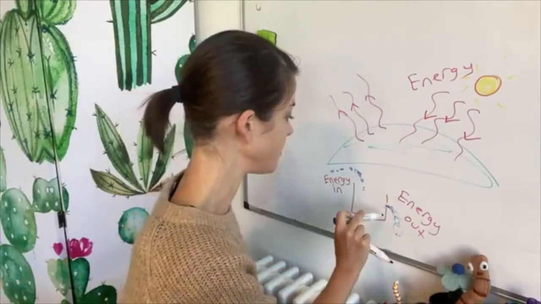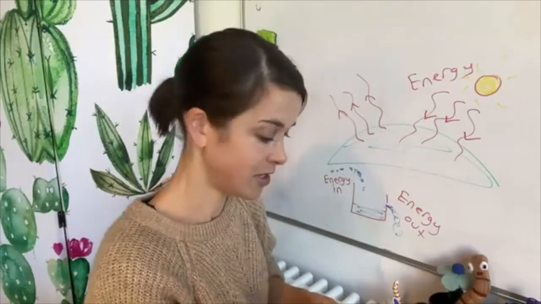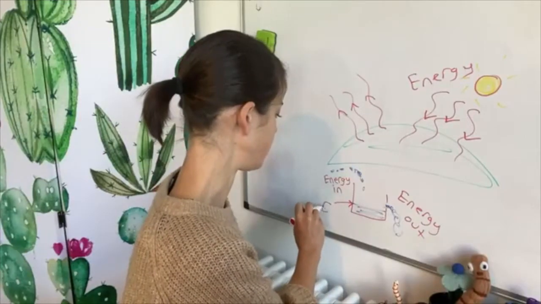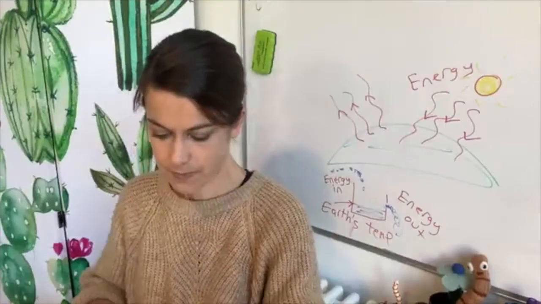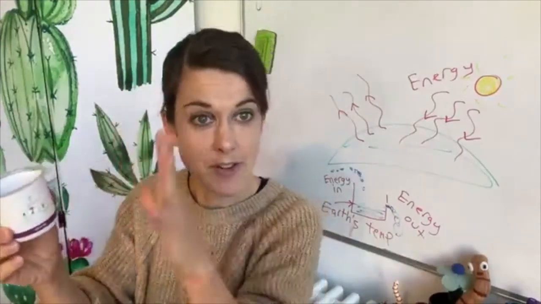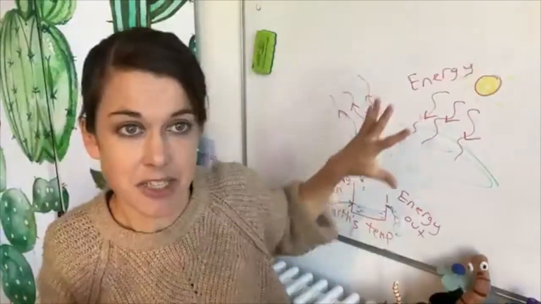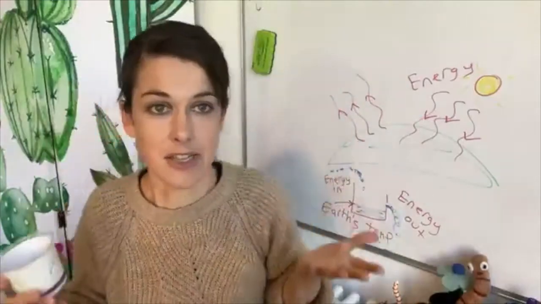And we'll say that the water level in the yogurt pot is Earth's average temperature. So the water level is Earth's temp. The water that goes into the yogurt pot is going to be like energy shining onto the Earth, and the water that comes out of the yogurt pot is going to be like energy leaving the Earth.